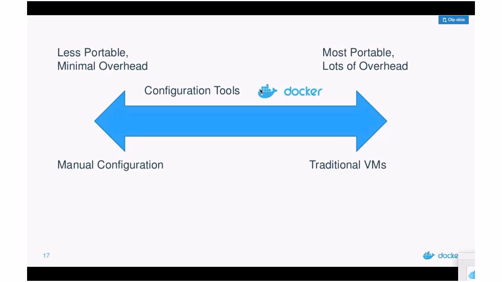Docker might sound very similar to VMs, but it occupies a sweet spot where it is more portable with minimal overhead, and this is how it looks. I have a slide which talks about how Docker is different from a virtual machine.